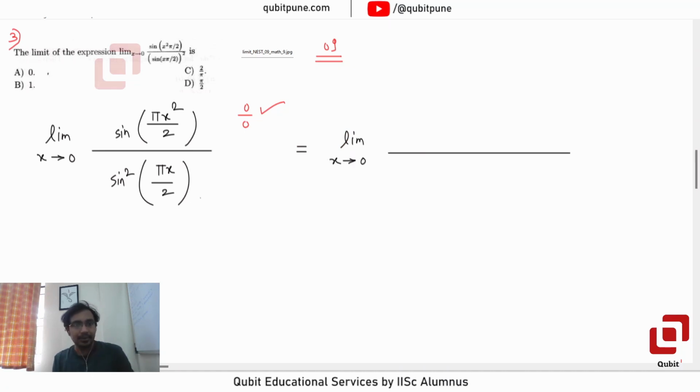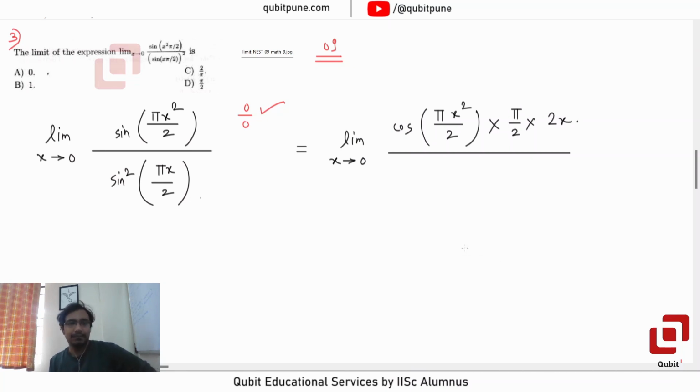First go for the numerator. It is cos of pi x squared by 2 into chain rule, derivative of inner function, pi by 2 as it is into 2x. Come to the denominator.